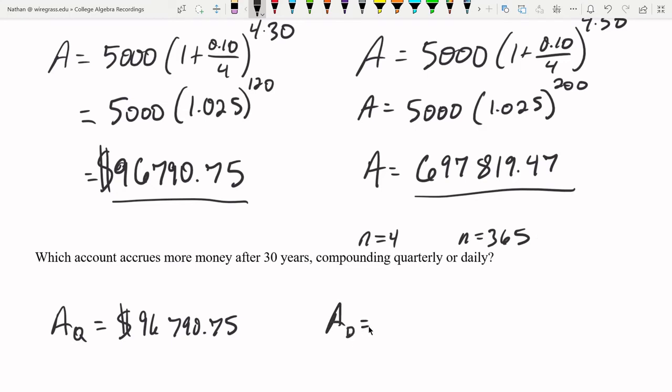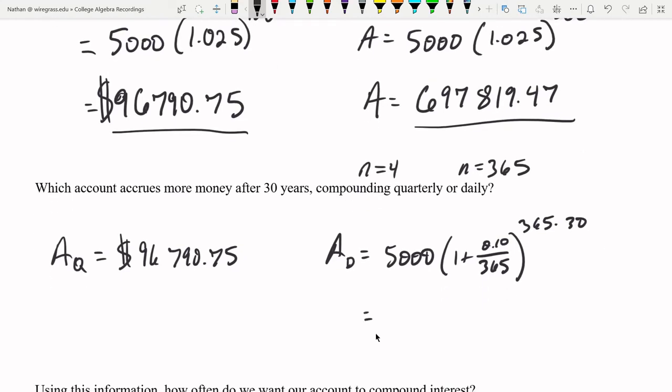So daily is going to be 5,000 times 1 plus 0.10 over 365 to the power of 365 times 30, since we're looking at 30 years here. Okay, so plugging the whole thing in gives me 100,386.443.